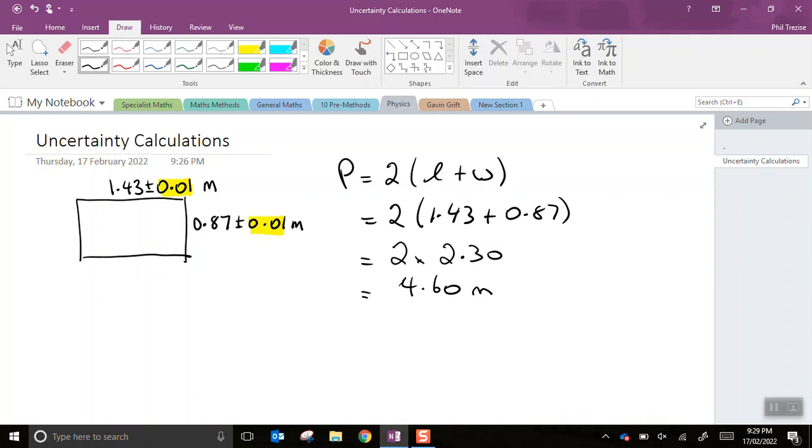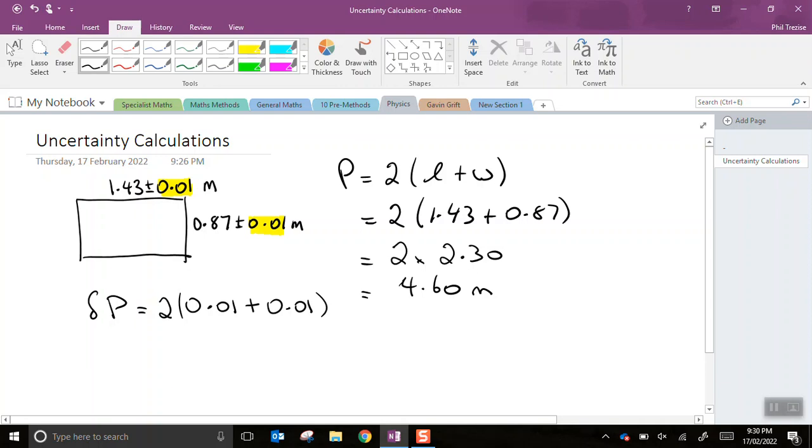So in this case, if I wanted to know the uncertainty in the perimeter, well, the uncertainty in length is 0.01, and I add the uncertainty in the width, also 0.01, and because I doubled that addition, then I double the uncertainty. So 0.04 metres is the uncertainty.